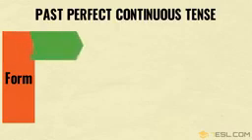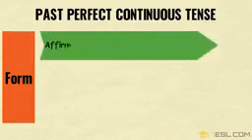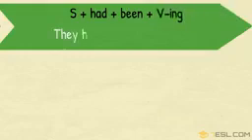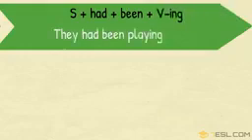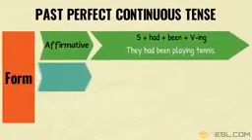Form. Affirmative: subject plus had plus been plus verb-ing. They had been playing tennis.